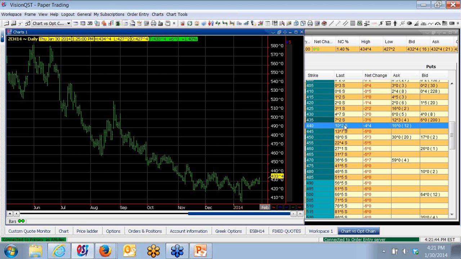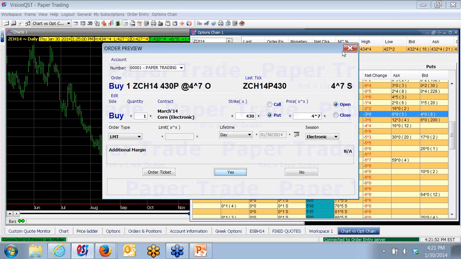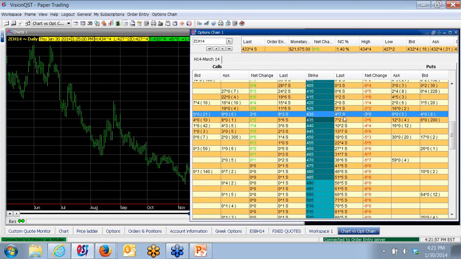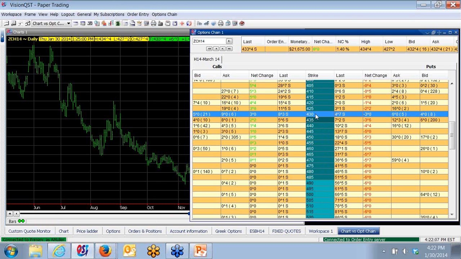And again, as you can see, the 440, which is in the money, is more expensive. As you start going out of the money, this option settled at 4 7/8. I believe that we put in a higher price, so we're going to call it 5. Let's see what we put in as a default for the settlement. Now, as you can see, this 430 is out of the money. So whatever this option settled at has 0 in the money value.